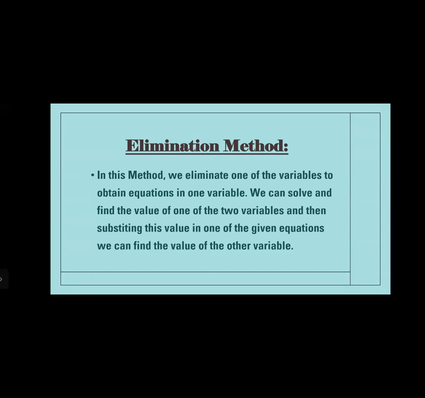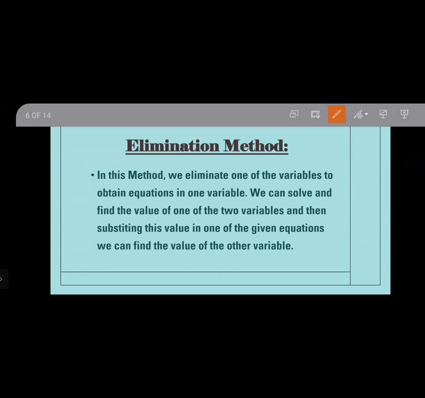When you eliminate one variable, you will get an equation in one variable, and that particular equation you will solve, and so you will get the value of the other variable. In this method we eliminate one of the variables to obtain an equation in one variable. This is important.